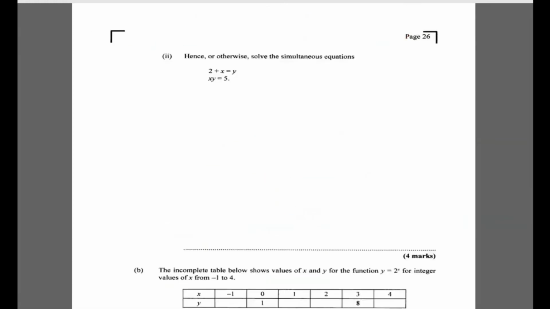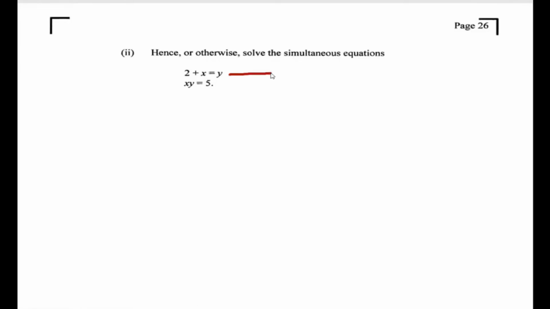It says, hence or otherwise, solve the simultaneous equations 2 plus x equals y and xy equals 5. Anytime you're given a line and a curve, you substitute the line into the curve. So this right here is the line, call this equation 1, 2 plus x equals y. When we substitute that for y, we have x times (2 plus x), and this is equal to 5.